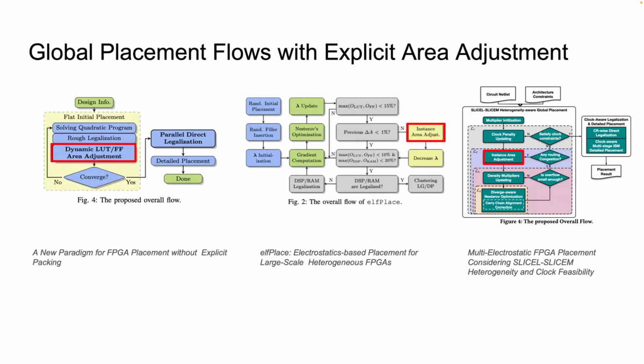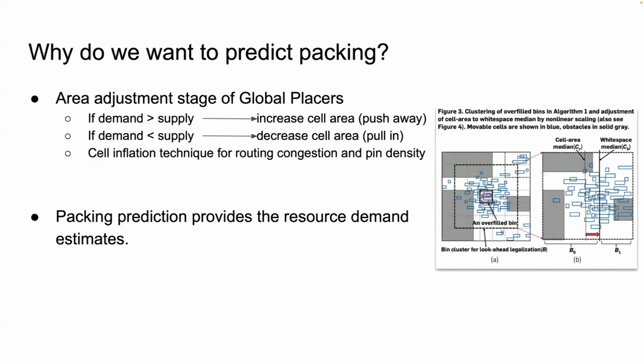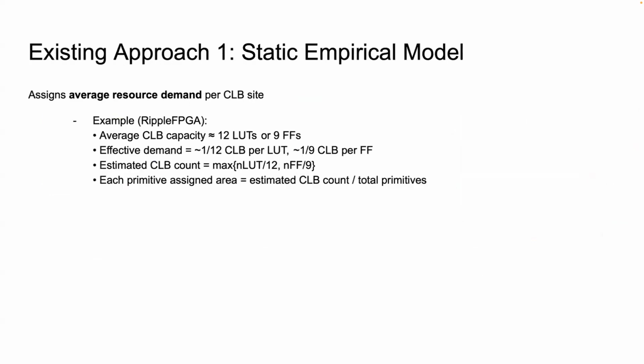As I mentioned, there are many ways to estimate the resource demands of a tile, to get the demand and supply of a tile. There are two existing approaches before the GNNs. The first one is the static empirical model. For example, this one is implemented in the Ripple FPGA paper, and they use a pretty basic estimate.